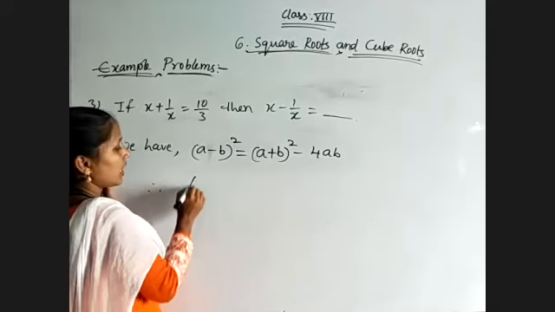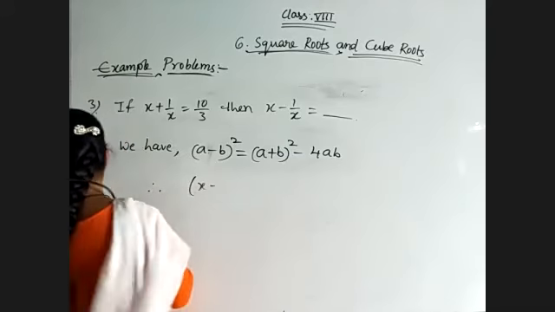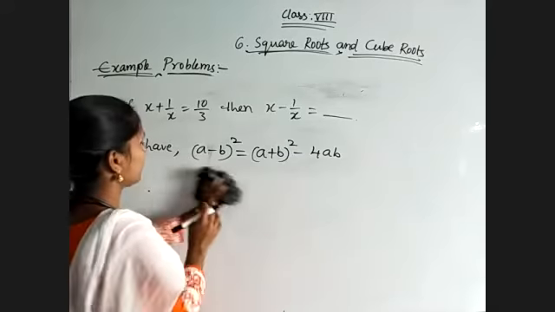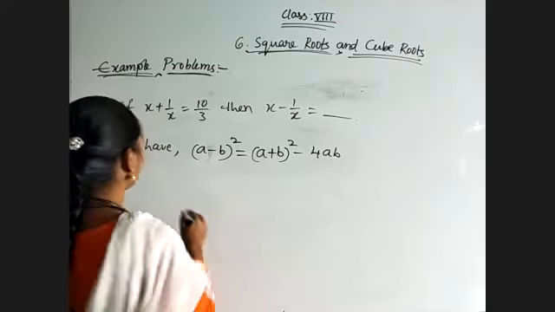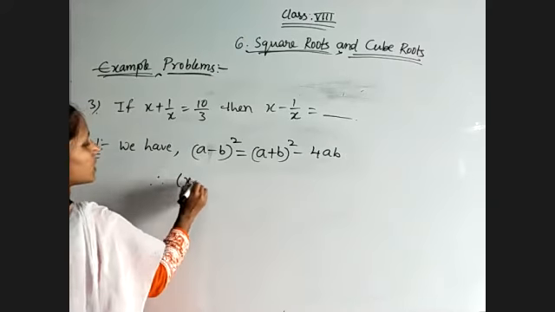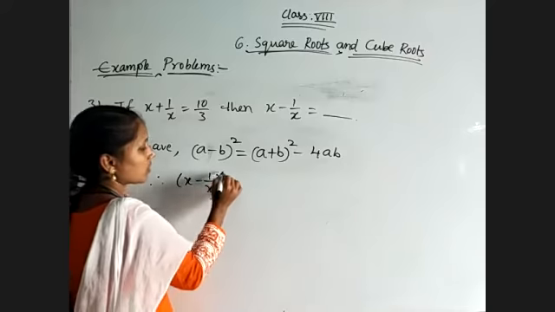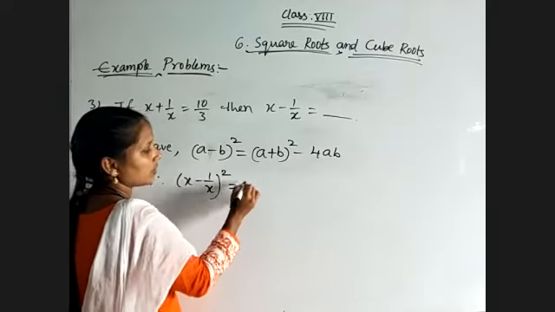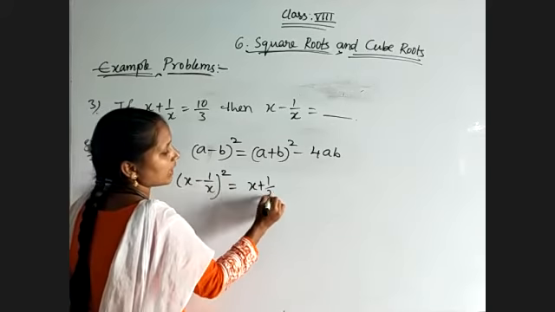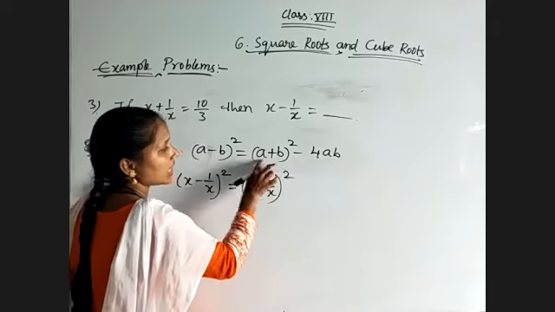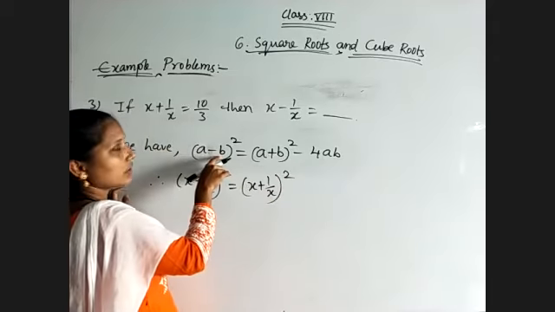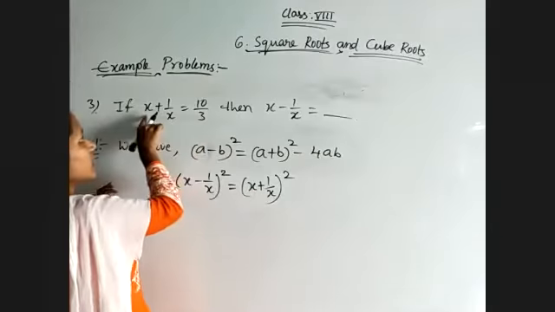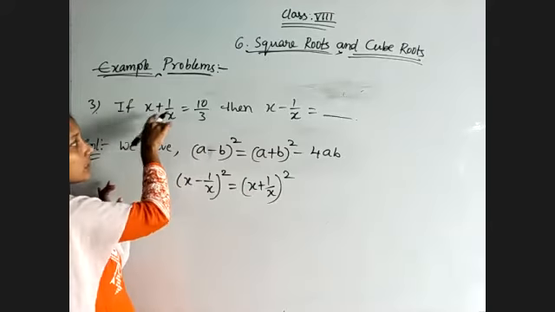Therefore, x minus 1 by x whole square will be equal to x plus 1 by x whole square. Wherever a is there, write x. Wherever b is there, write 1 by x.